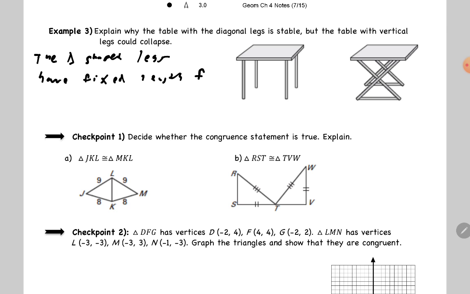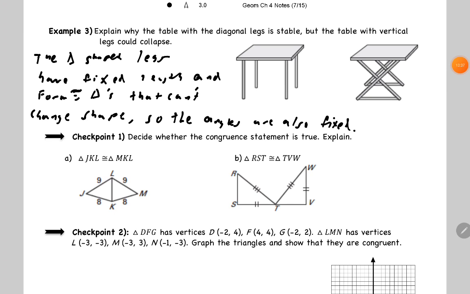Let me pause this really quick. Alright, I'm just going to read it and then I'll explain. So, the triangle-shaped legs have fixed length and form congruent triangles, so it cannot change shape.